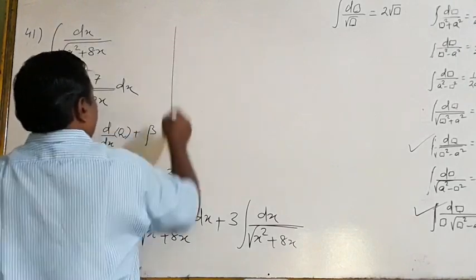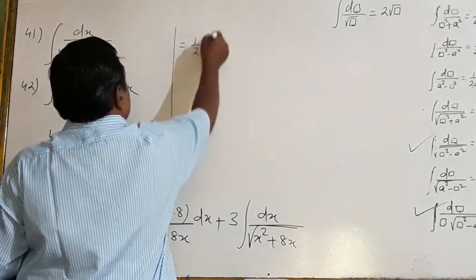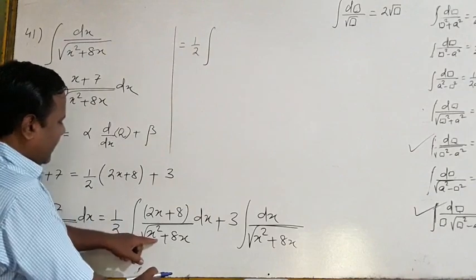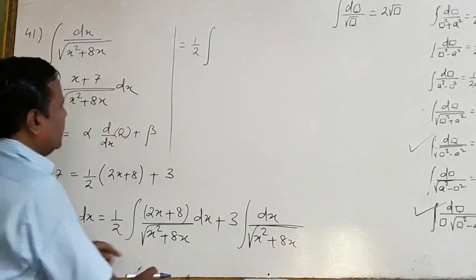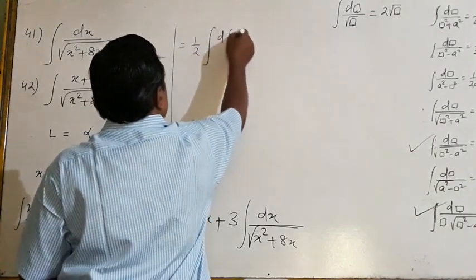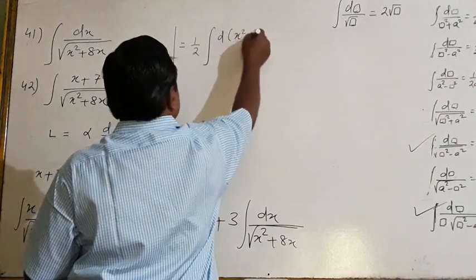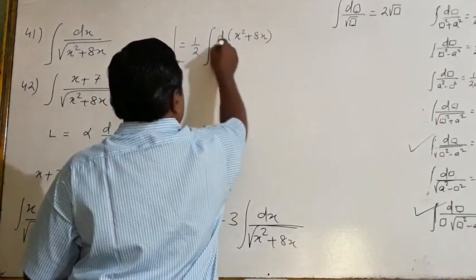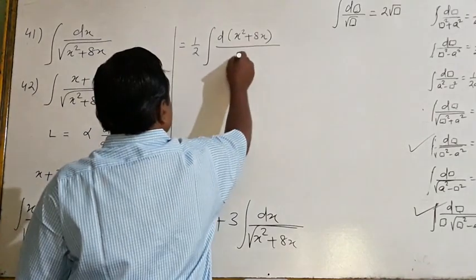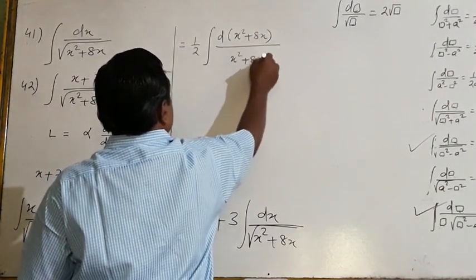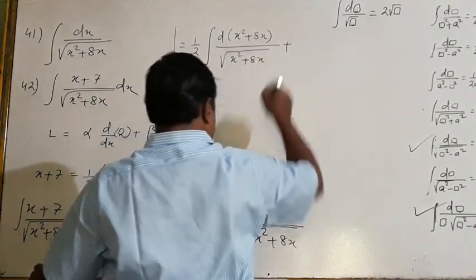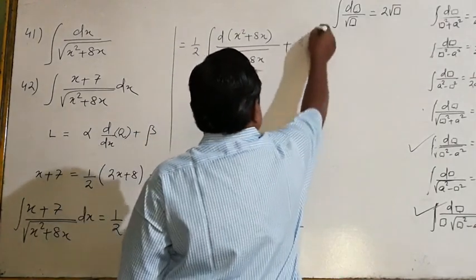It is 1 by 2 integration, and its derivative is 2x plus 8, so you have to write d of x² plus 8x, divided by root of x² plus 8x, plus 3.